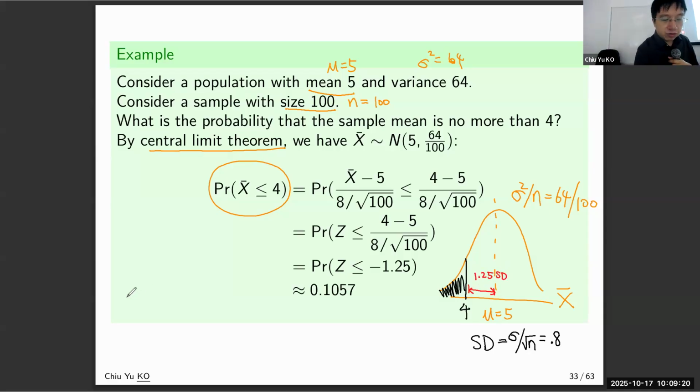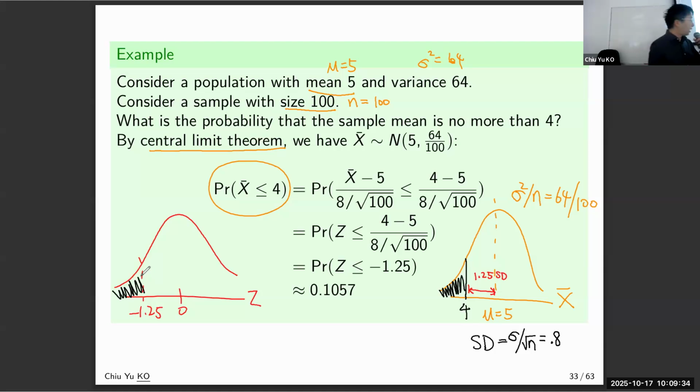So that means that if you draw this bell curve Z, 0, this is 1.25, and the black is here. How can you calculate that? Left-hand side, standard normal.